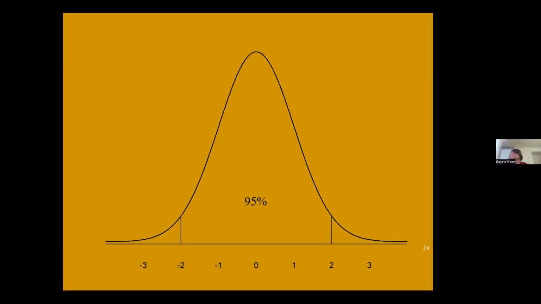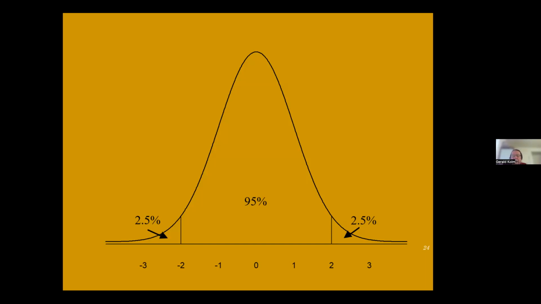That means we have 2.5% in each tail of the distribution: 2.5% at -2 or less, and 2.5% at +2 or greater.